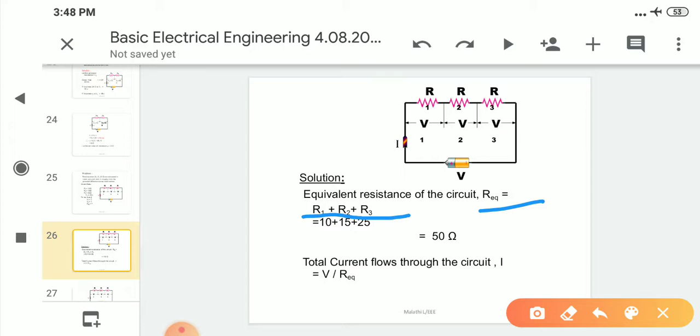This is 10 ohms, this is 15, this is 25. Adding them, we get total R equal to 50 ohms.